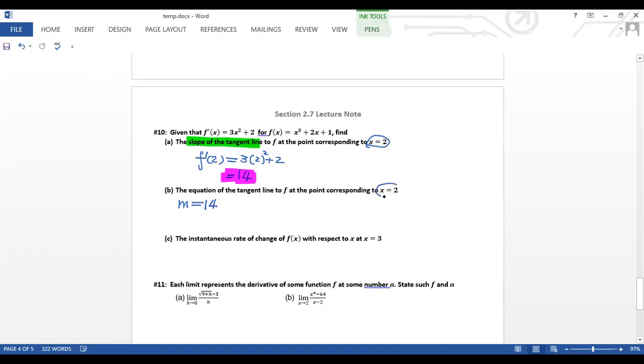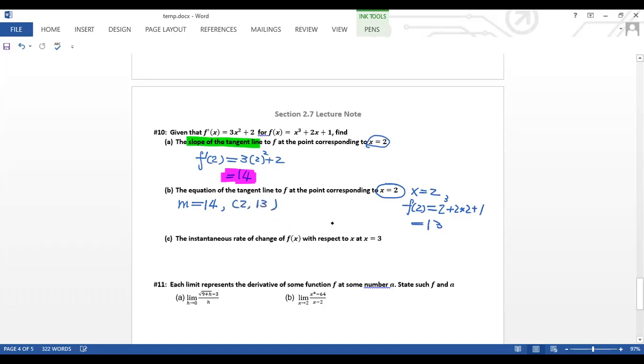So let's say at x equal to 2, what is my f of 2? F of 2 will be 2 to the 3rd power plus 2 times 2 plus 1, which is 13. So I do have a point. What is the point? 2, 13.